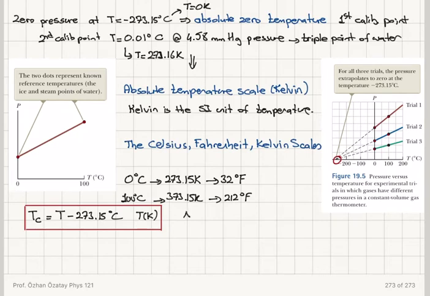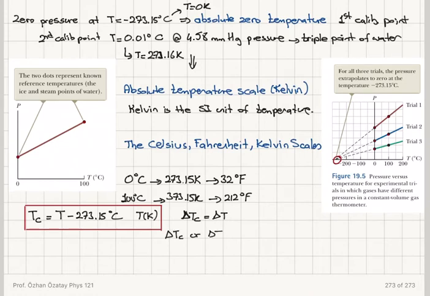Now, if I look at a change in temperature in the Celsius scale, delta Tc, you can see that it's going to be the same change in the Kelvin scale.